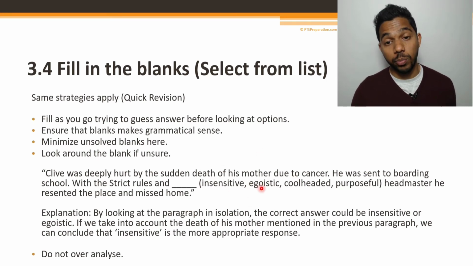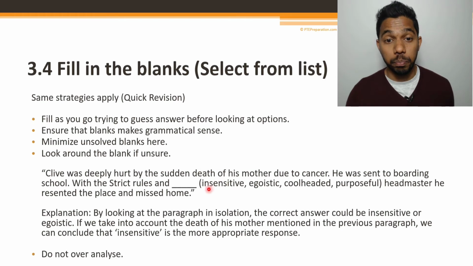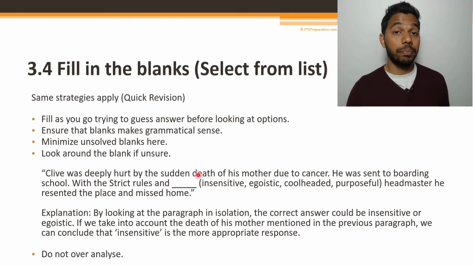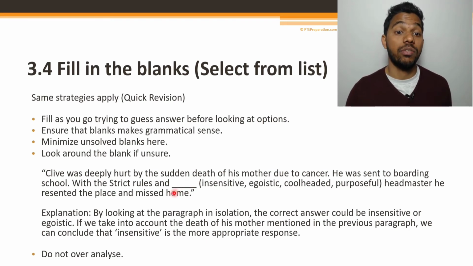So if I were to choose between insensitive and egoistic, insensitive makes more sense given the fact that his mother died recently. So this is an example of when looking at the previous sentence can help you solve a particular blank, and you might get a few instances of this in the exam, so be prepared for this as well.